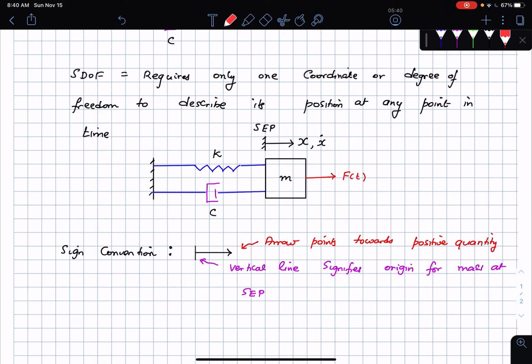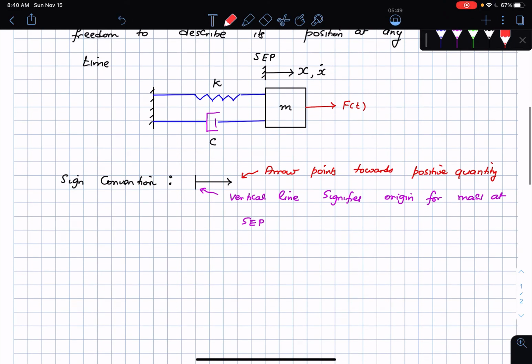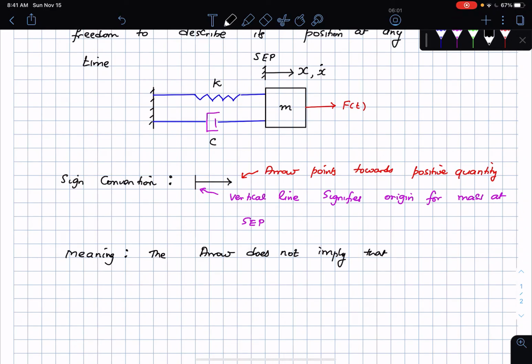And so what is the meaning of this convention? The arrow does not imply that the mass is displaced in that direction.